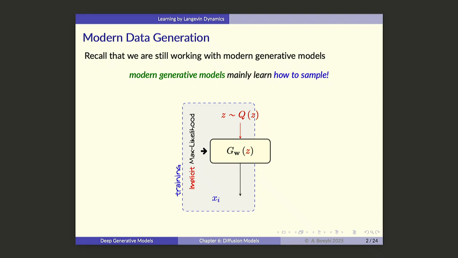In these modern approaches, we have some sort of generator, and this generator could be different things. The whole thing that it does is start from some random process, usually Gaussian, and try to generate one sample from it. We do a sort of implicit maximum likelihood when we want to train.